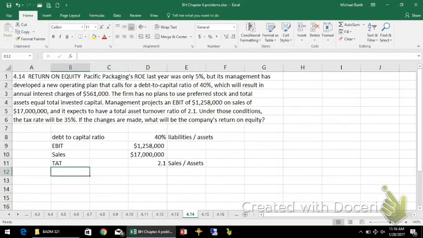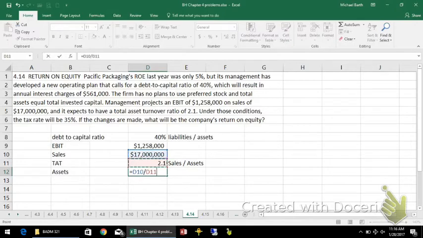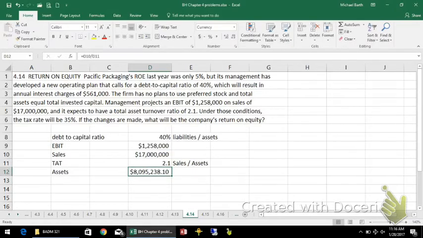Okay, so I know what sales are. I can actually calculate assets. There's $2.1 of sales for every $1 of assets. Then total assets must be $8,095,238.